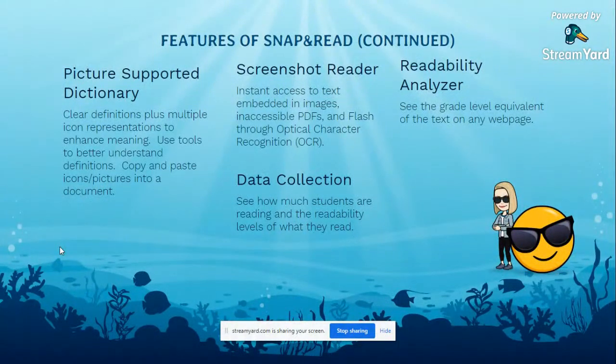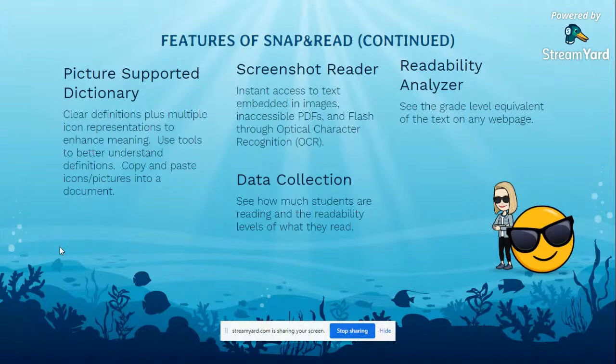Other features are a picture supported dictionary. So if there's a word that the student doesn't recognize and they click on the word, it'll pull up a definition. Plus it'll also include an icon representation so that they have a picture base to support their comprehension of that word.